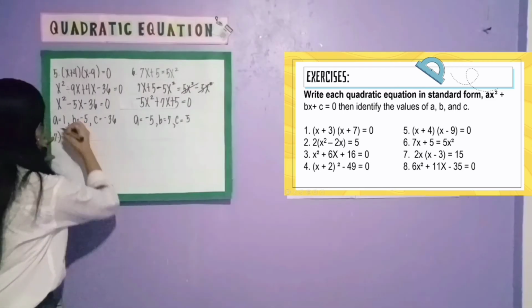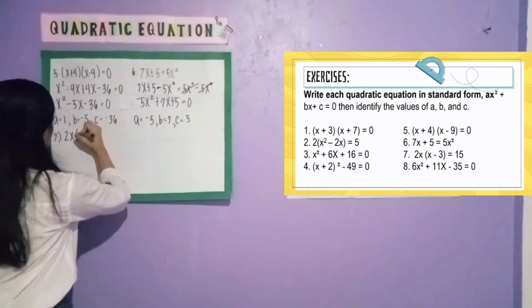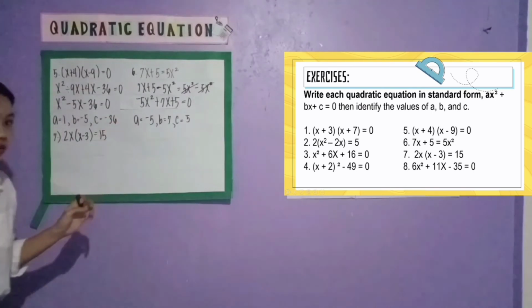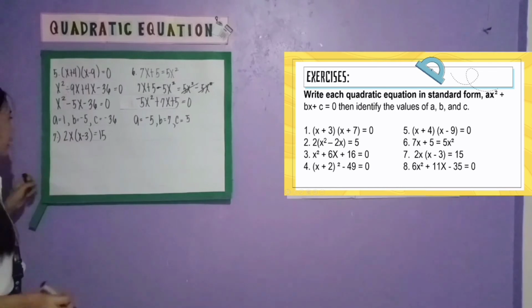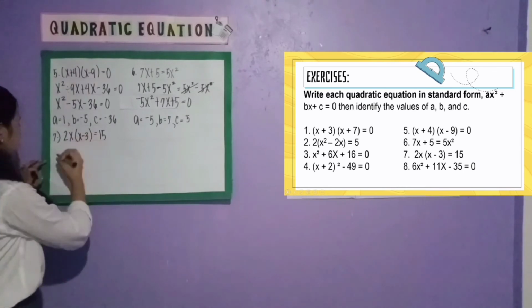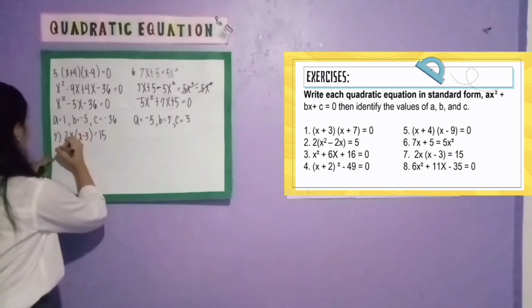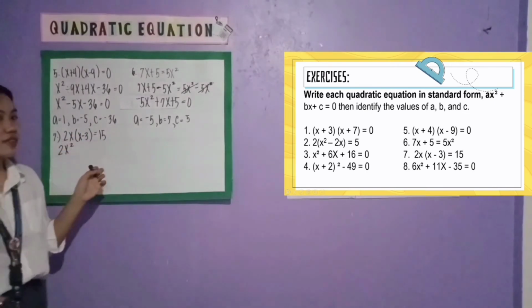For 7, 2x times the quantity of x minus 3 is equal to 15. So just multiply 2x to the quantity of x minus 3. So 2x times x is equal to, okay, very good, 2x squared. How about 2x times negative 3?